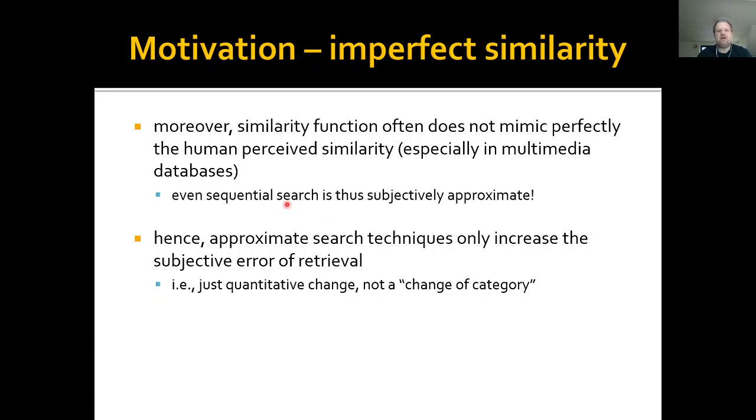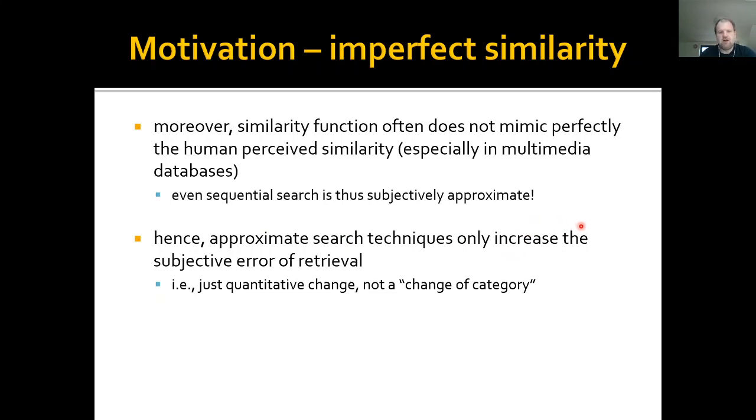So we can turn from exact search, where the reference is the sequential search, to approximate search. We now allow returning results that do not exactly match the results that would be given by sequential search, but because the whole problem is not exact, this maybe should not worsen the applicability of the search as a tool.